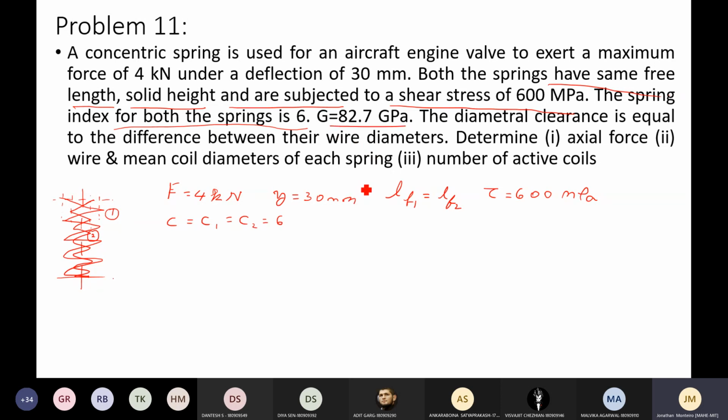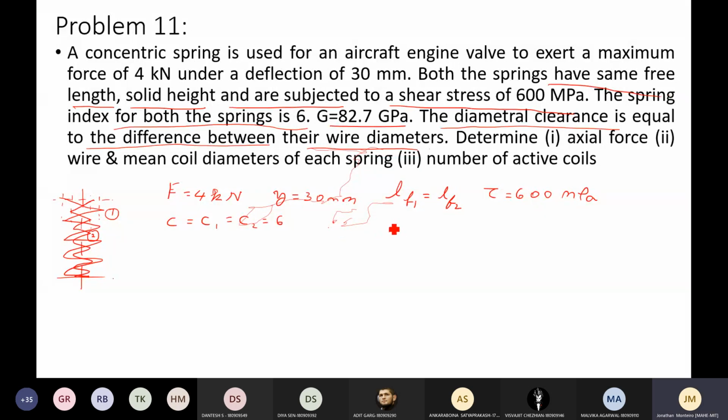The diametrical clearance is equal to the difference between the wire diameters. This is one proof of concept that we saw in one of the previous problems. You might remember we did that derivation: diametrical clearance is equal to the difference between wire diameters. In such a case, which property holds good?